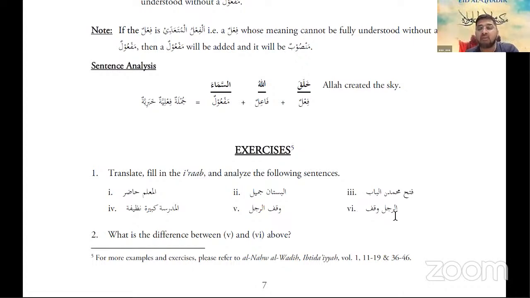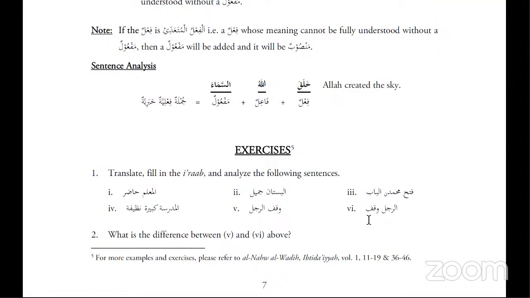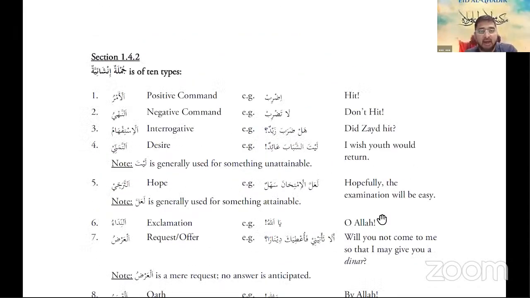Remember, whenever there's a noun which has alif lam or a tanween, it's a sign of a noun. Inshallah, gradually you will get used to knowing that when a verb comes at the beginning it will be all fathas. Exactly, so you get to know it. Now, the next important thing.